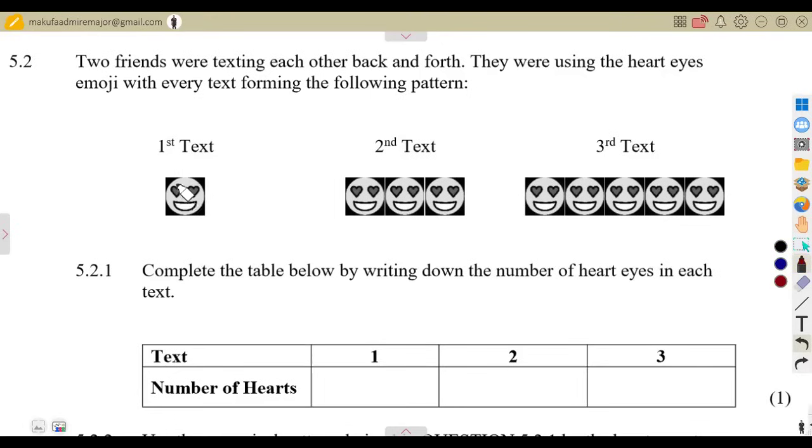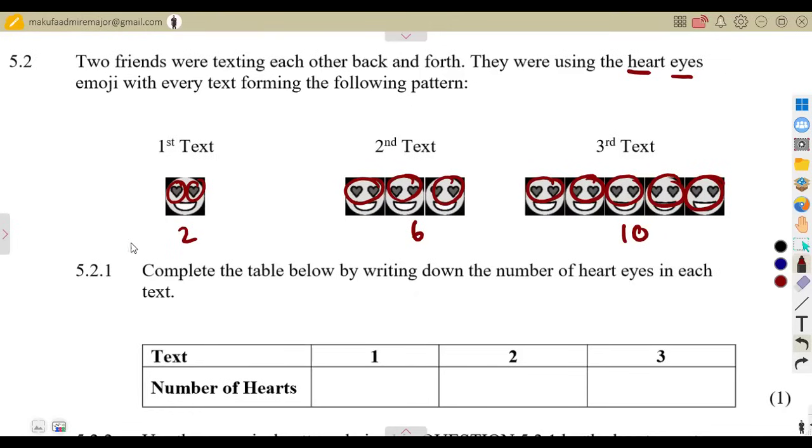The emoji that we have is one. But how many hearts do we have? Because we talk about the heart eyes there. The heart eyes, there are two. On the second text, the heart eyes, there are 2, 4, 6. Here there were 2. Here there are now 2, 4, 6, 8, 10. There are 10.